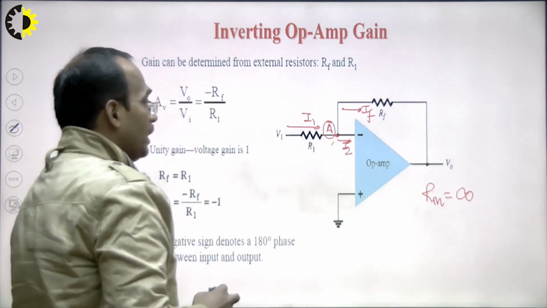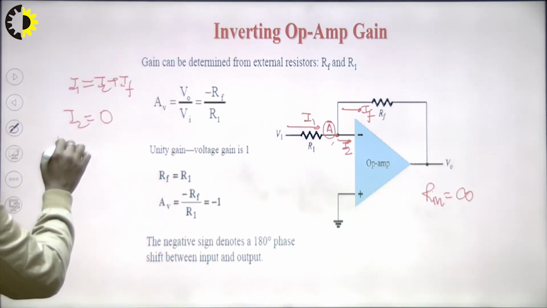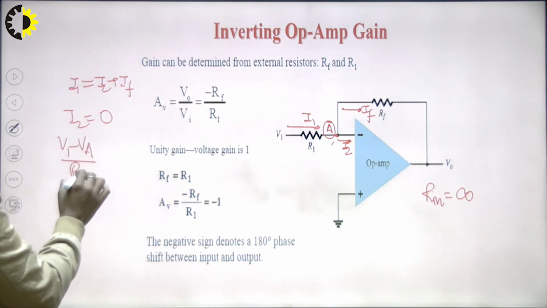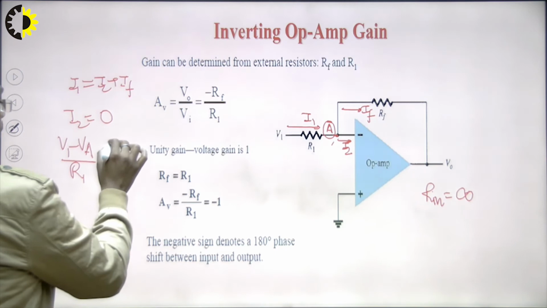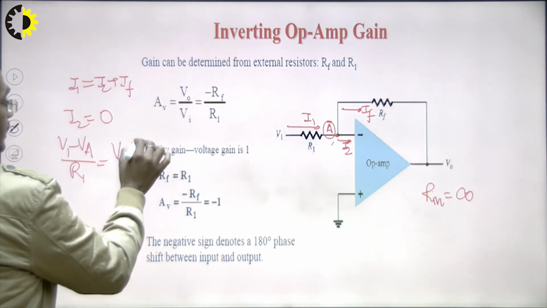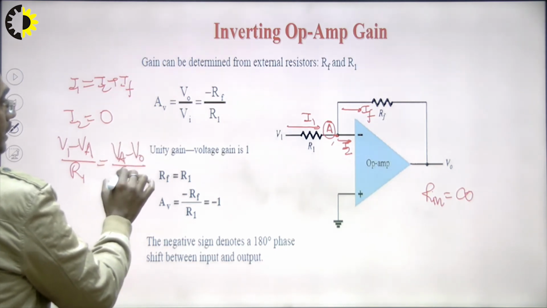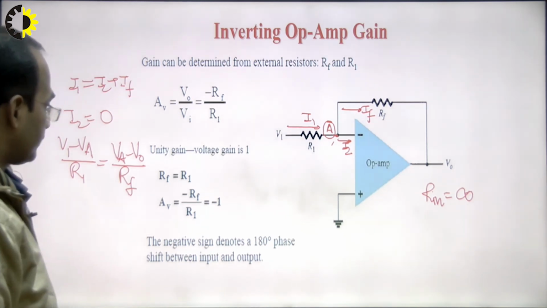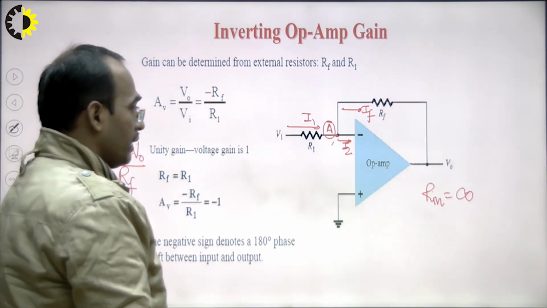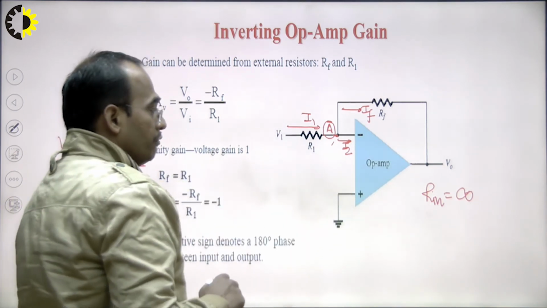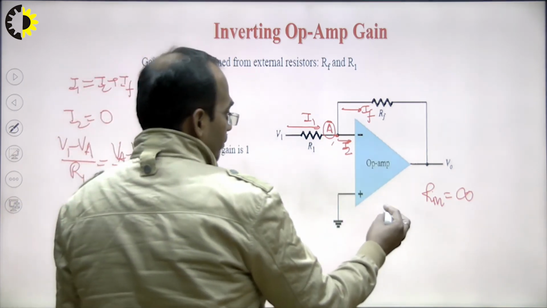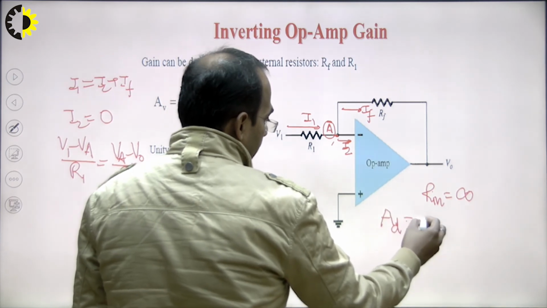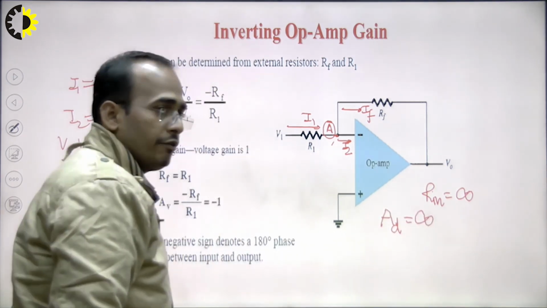For finding the value of I1, I1 is nothing but V1 minus VA divided by R1, which is equal to VA minus V naught divided by RF. What will be the value of VA? For finding this, ideally we can say that the differential gain is infinite.